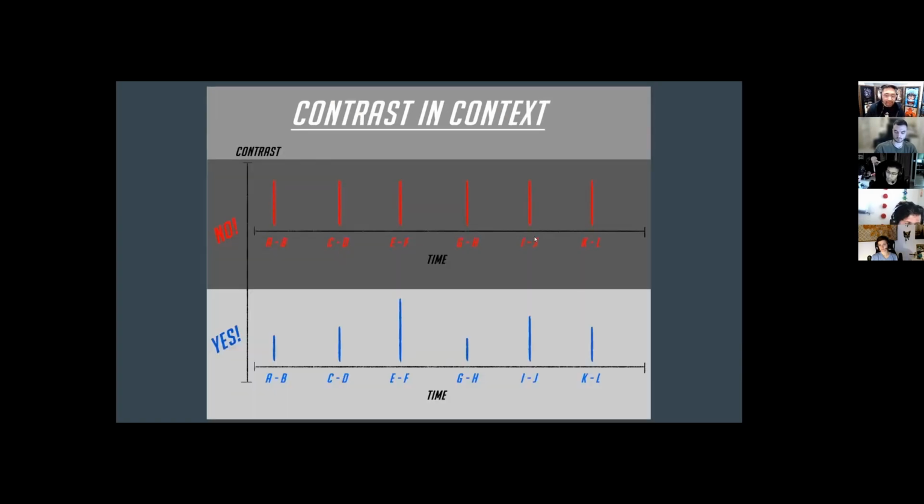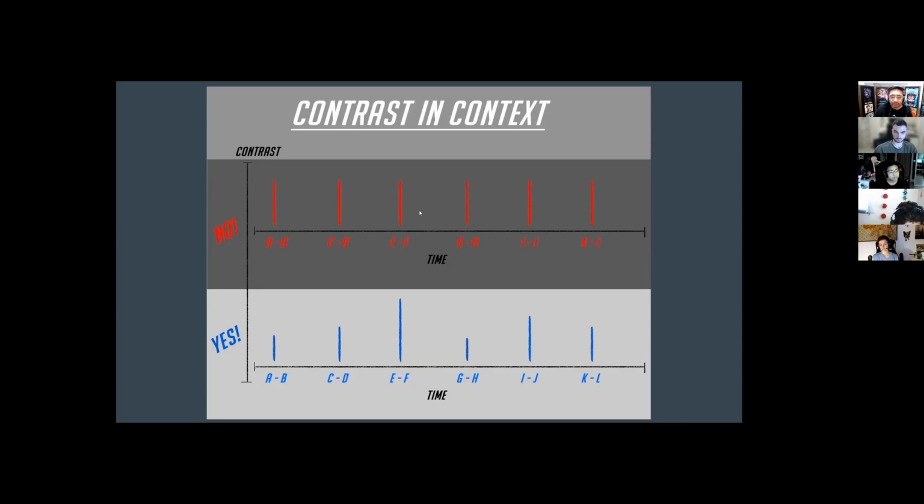So this is what I meant about contrast and context. Let's say, for example, that each of these letters represents poses that you're going to hit, right? Your character goes from pose A to pose B, pose C to pose D, pose E to pose F, so on and so forth. If we were to measure the amount of contrast between the two poses, A to B, you'd get this much contrast. C to D, you would get this much contrast.